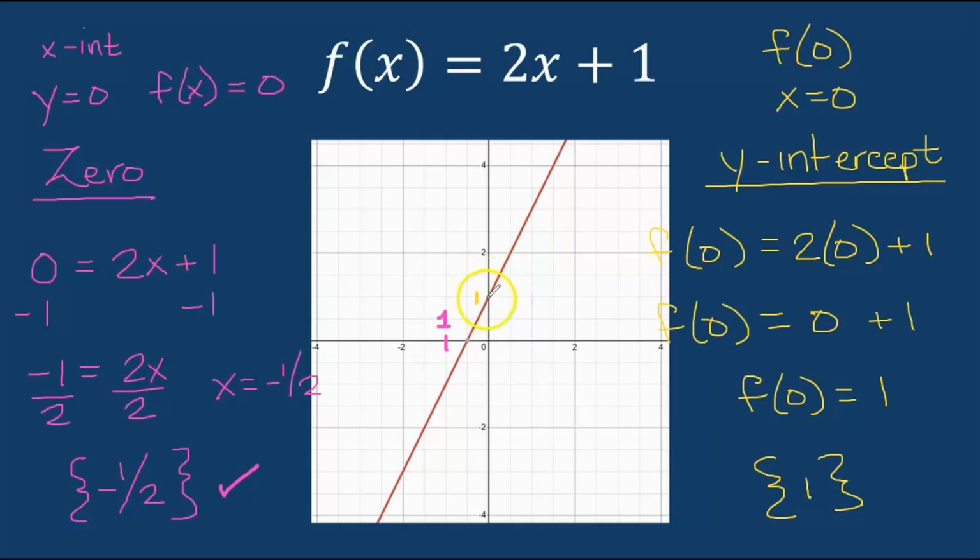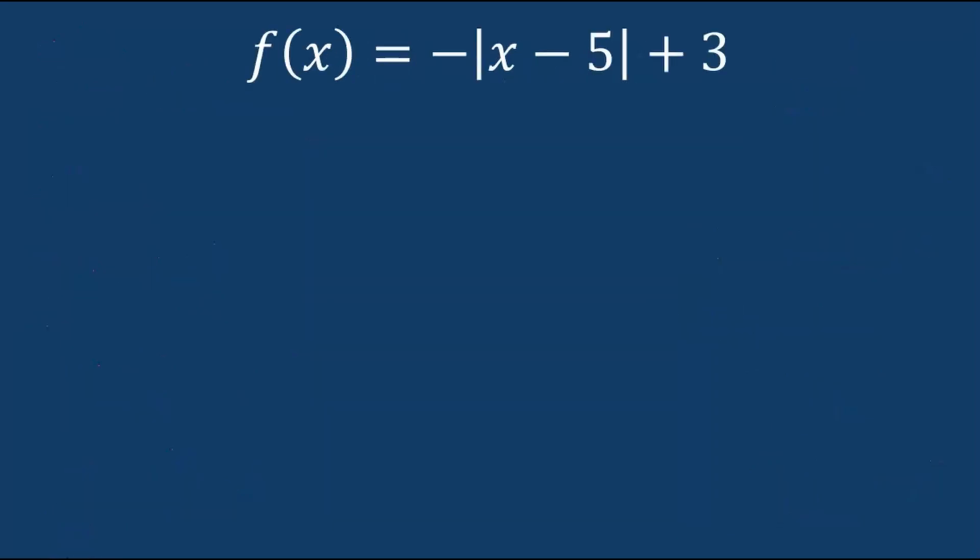You can see that here is the number 1, and so this is also correct. So it's very tempting to go deep into algebra. Sometimes the algebra is so much easier than remembering that we have a graph. But don't forget that we're doing this so that we know where it crosses axes on the coordinate plane. So now let's try one that has an absolute value equation in it.